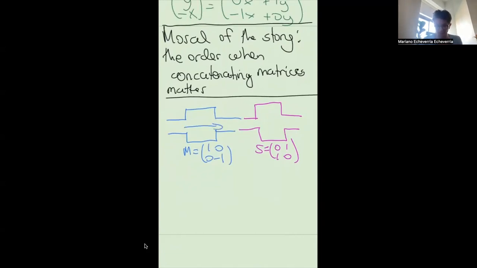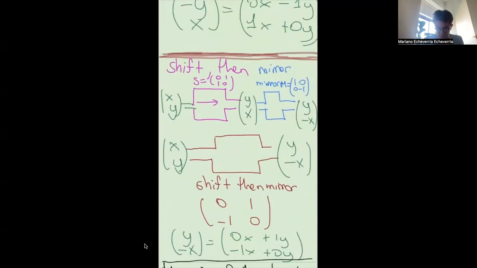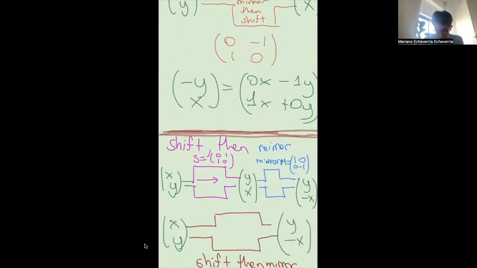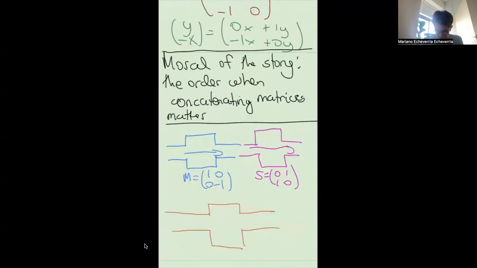The idea is that there's going to be an operation that I'm going to call matrix multiplication, because that's usually how it's called. It will give us this third matrix that we talked about before, the one that represented this combined process. I'm trying to keep the same colors. So 0, -1, 1, 0.